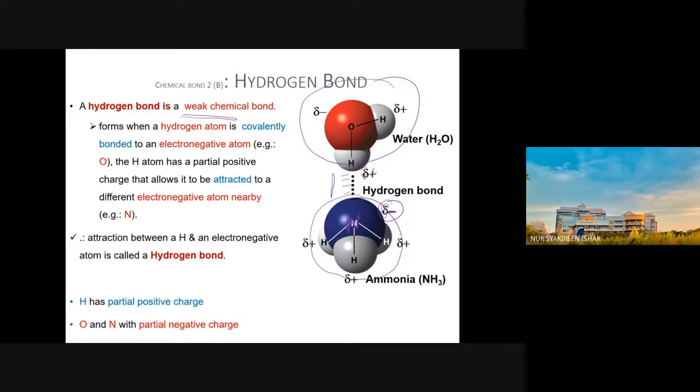Therefore, attraction between a hydrogen atom and an electronegative atom, in this case nitrogen, is called a hydrogen bond. So hydrogen has a partial positive charge, whereas oxygen and nitrogen will have a partial negative charge.